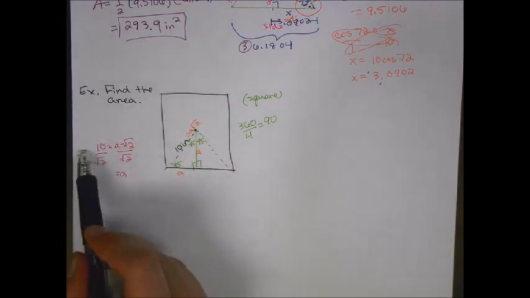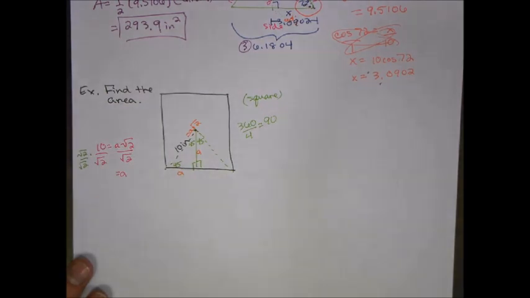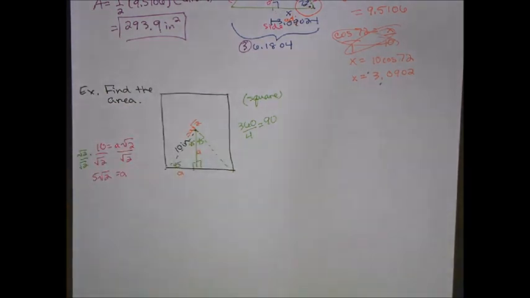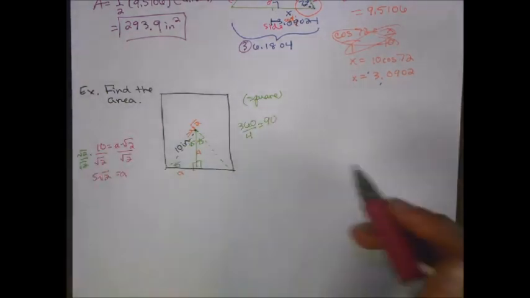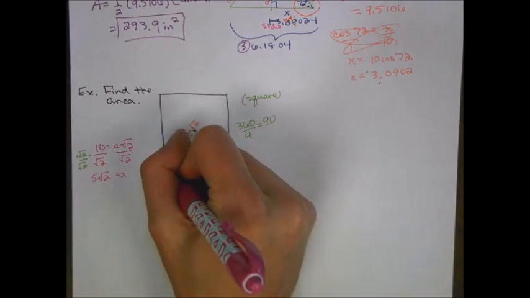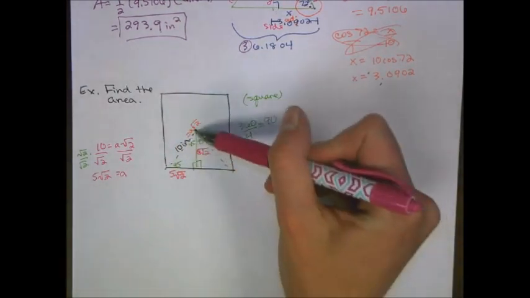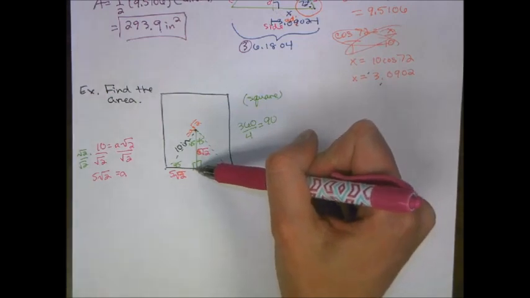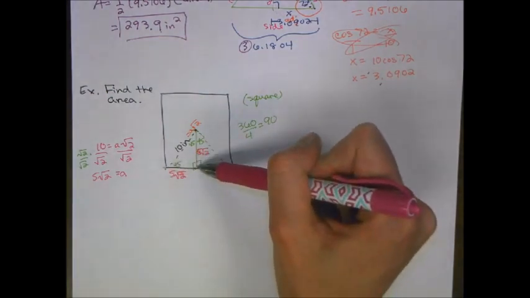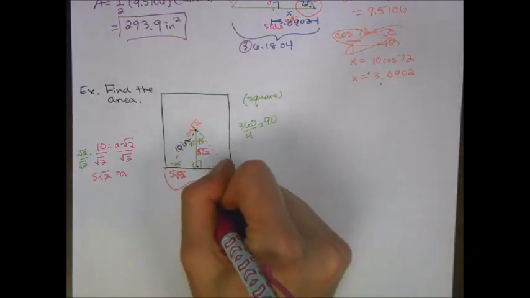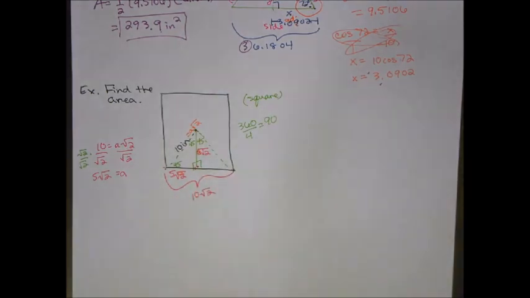And I get 10 root 2 over 2, so I get 5 root 2. Again, I'm going quickly through that because you just took a test on this, so this should be review. Let's put that in our picture. So this side is 5 root 2, and this piece is 5 root 2. We have found our apothem, and we found half the side. So the full side is going to be 10 root 2.